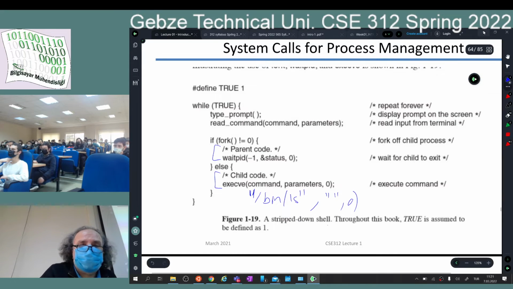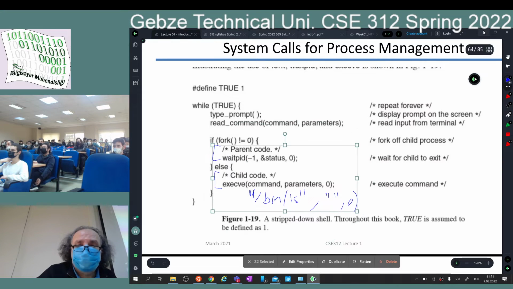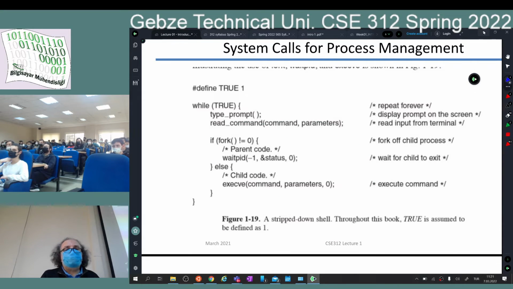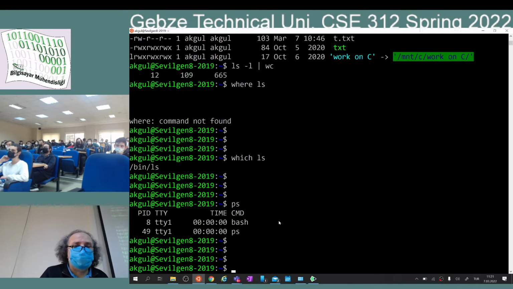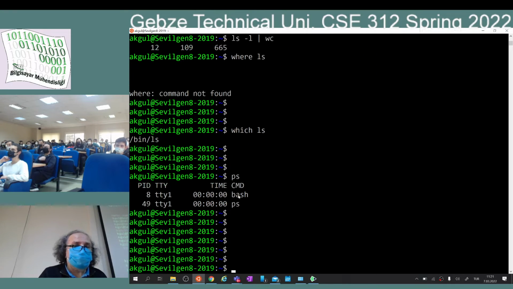A shell program is the one that we use as an interface between the end user and the operating system. Remember, I am using this bash shell here. Bash is my shell program.